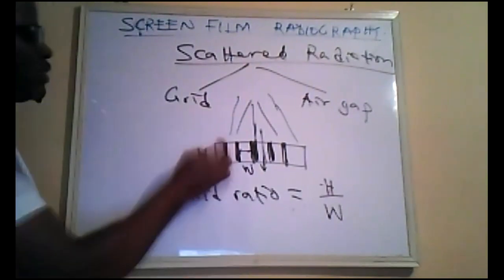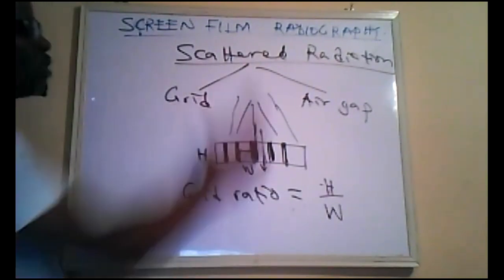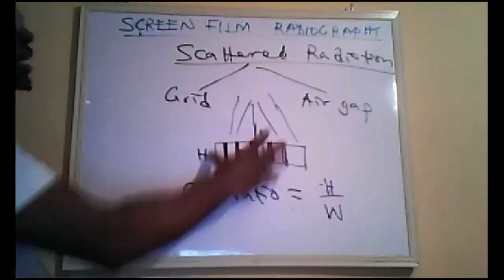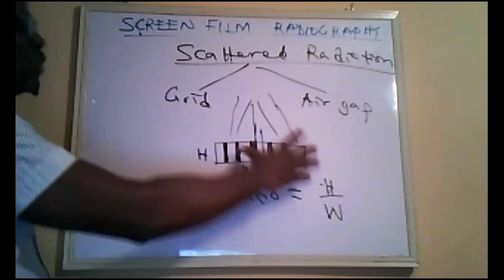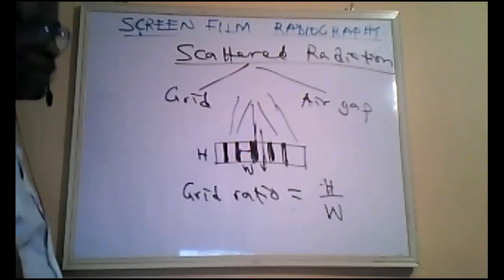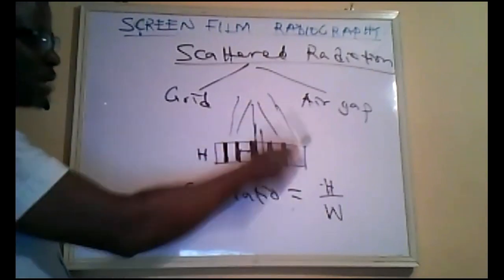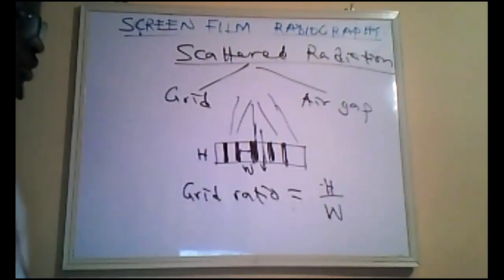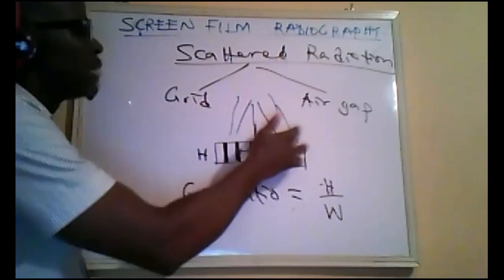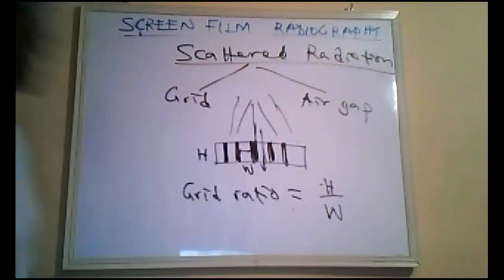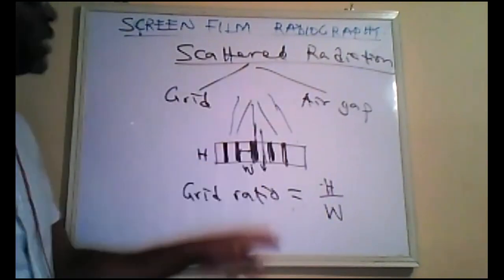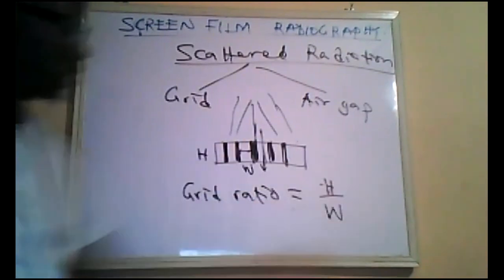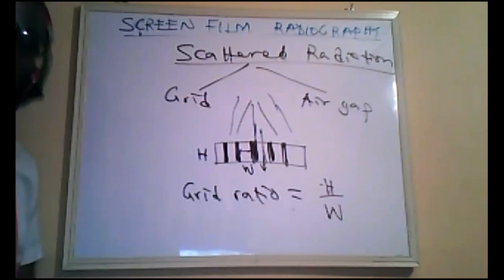That is, if this becomes higher, the reduction of scatter into the detector will be highly increased, because it will intercept so many X-ray photons not parallel to this space. So this grid ratio is just H over W.